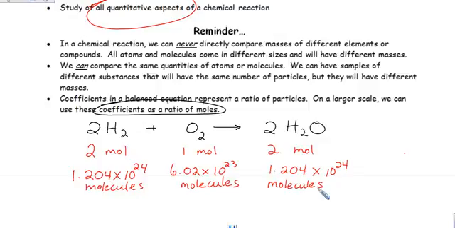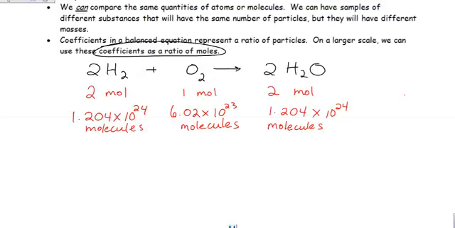I still have twice as many molecules of hydrogen as oxygen. For every 1 molecule of oxygen, I produce twice as many molecules of water. So I kept that ratio consistent. But again, we run into a little trouble because in the lab, I can't count that high. Well, I guess nowhere can I count to 10 to the 23rd power.